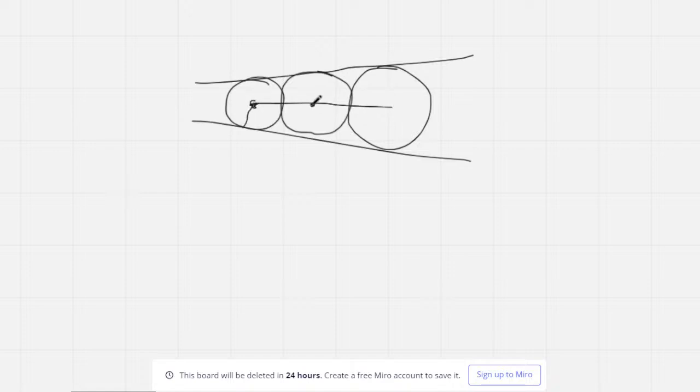So let's first drop the radius to the tangents. So now we have something that looks like this. So let's say a, b, c are the radii of our three circles. So now let's try doing some work with similar triangles and Pythagoras.